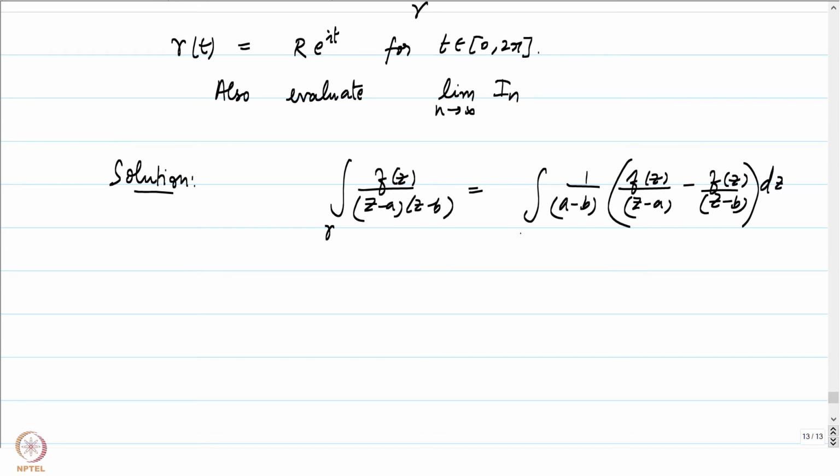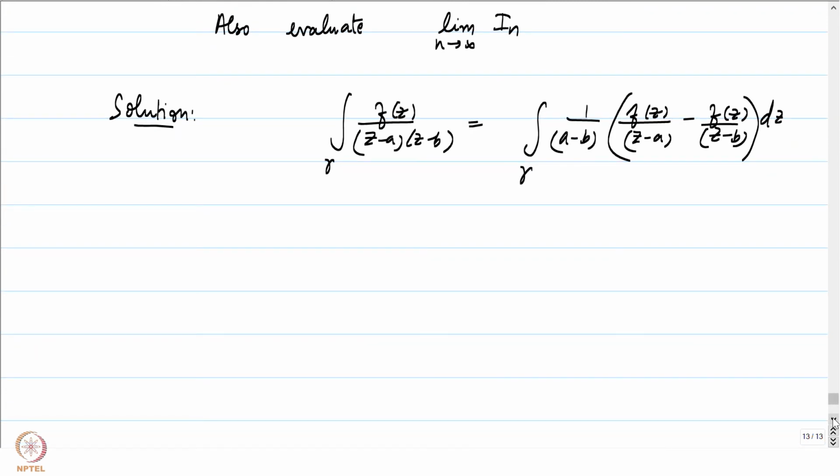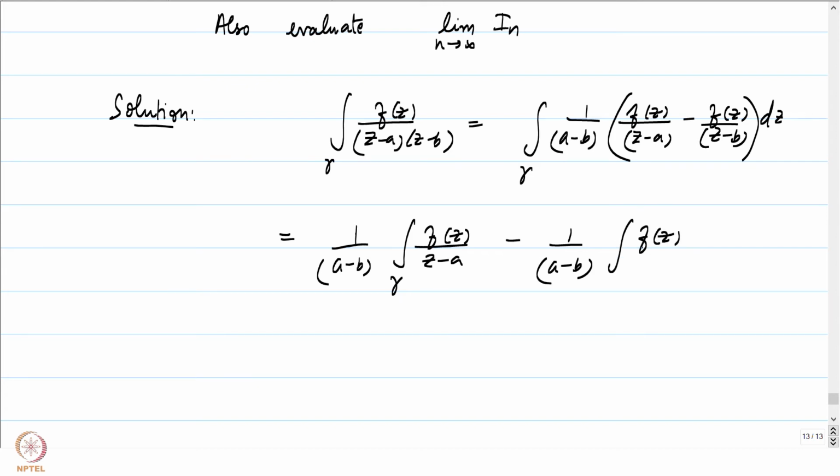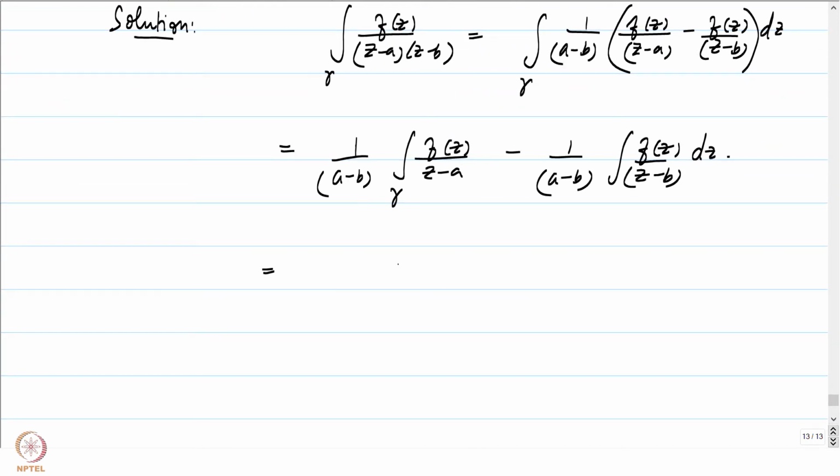This is precisely what we will get by writing it in terms of partial fractions. So this is 1 by (a minus b) times the integral over gamma of f of z by z minus a, minus 1 by (a minus b) times the integral of f of z by z minus b dz.